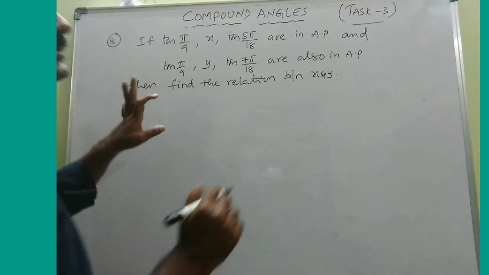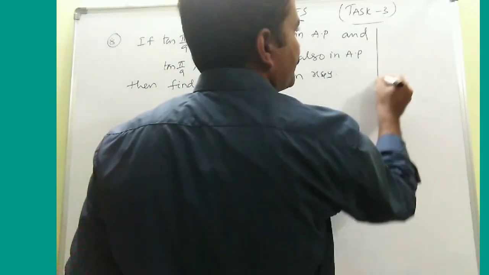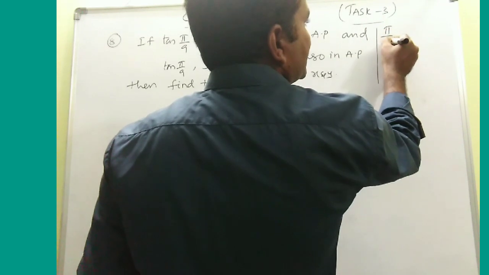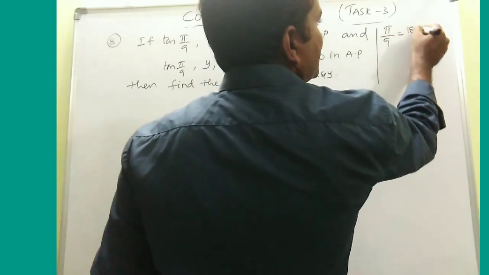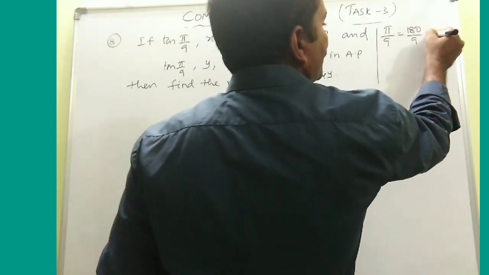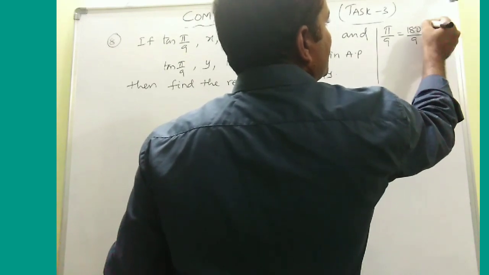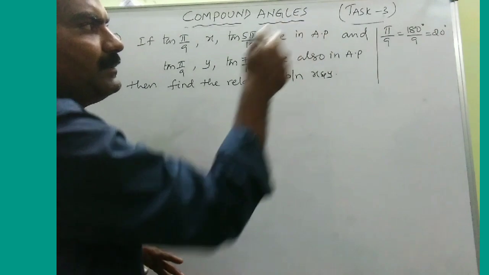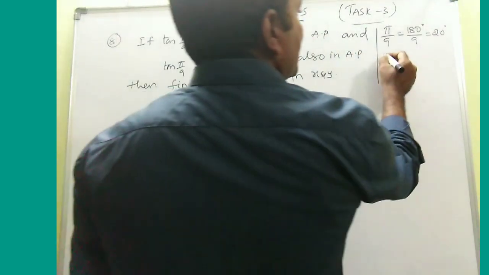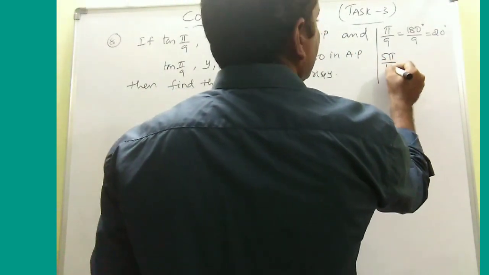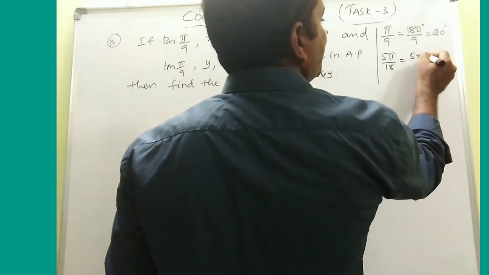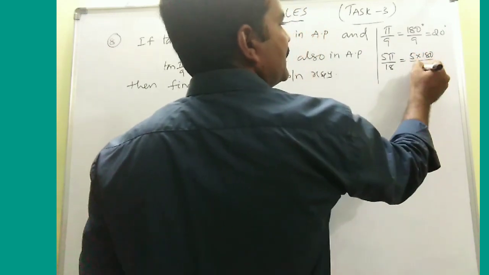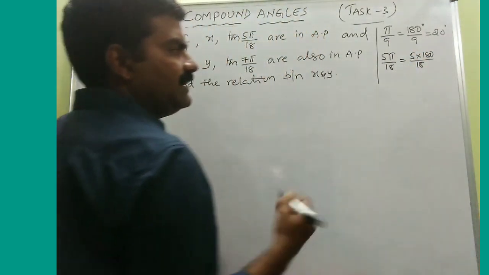So my dear, first you must know the value of pi by 9. Pi by 9 is nothing but pi by 180 by 9, which equals 20 degrees. Actually you need to do 180 by pi. Anyhow, pi gets cancelled. Similarly 5 pi by 18, in a short manner pi can be replaced by 180, into by 18.